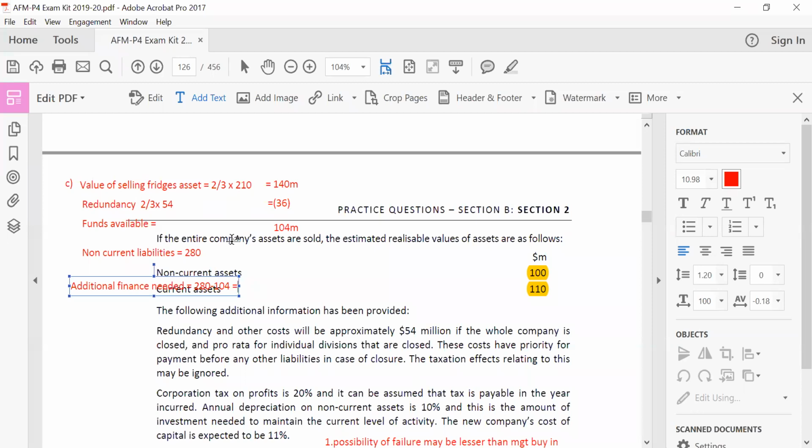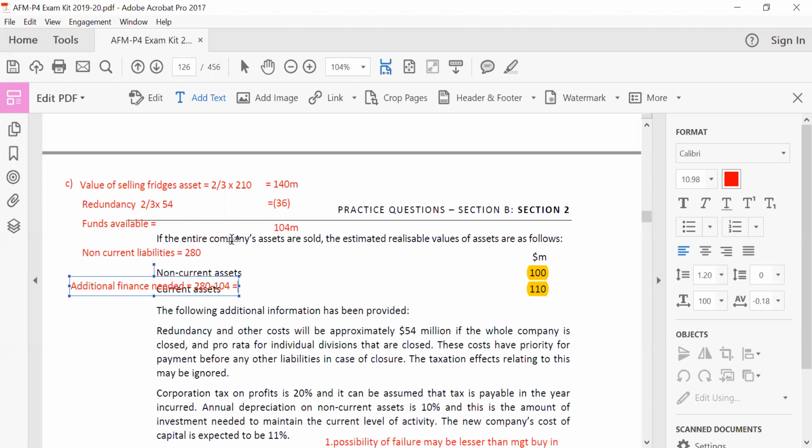Why are we saying that? Here, the company sold its fridges assets. There were also employees in the fridges division. Those employees were sacked, and we incurred a redundancy cost on that action.